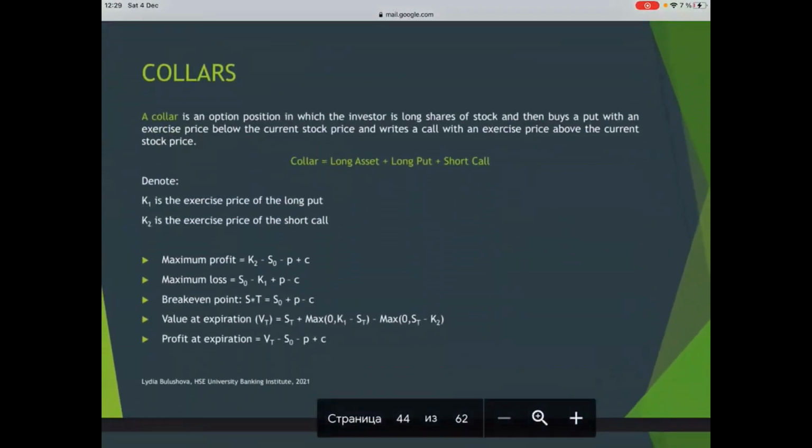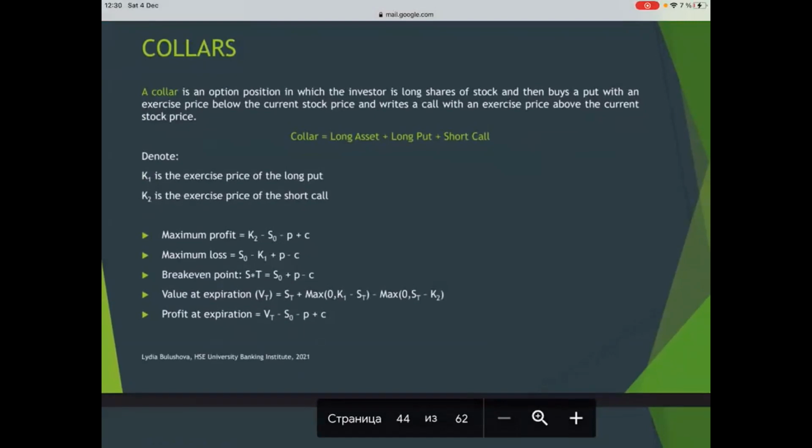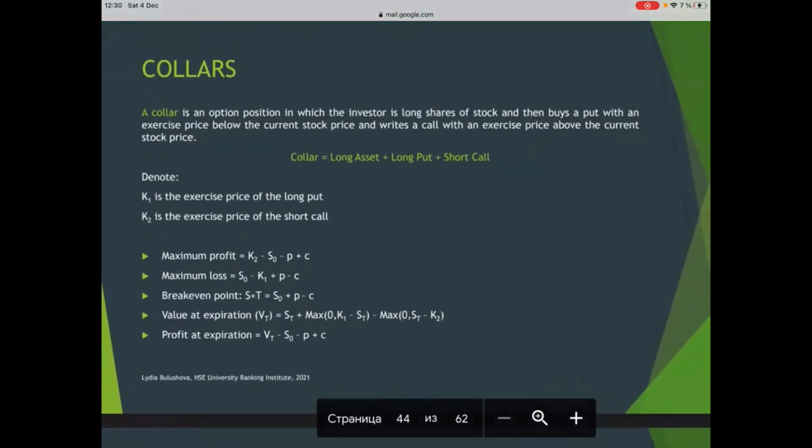What else do we have here? We have a position that is called a collar. Long an asset, long a put, short a call. You just have to understand each strategy.